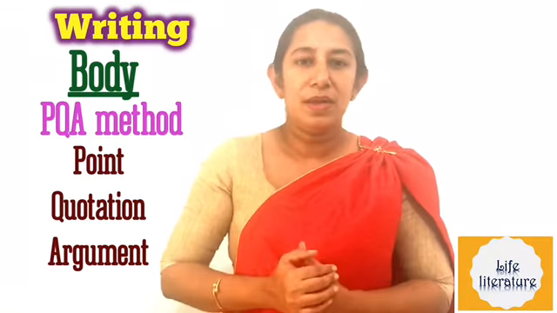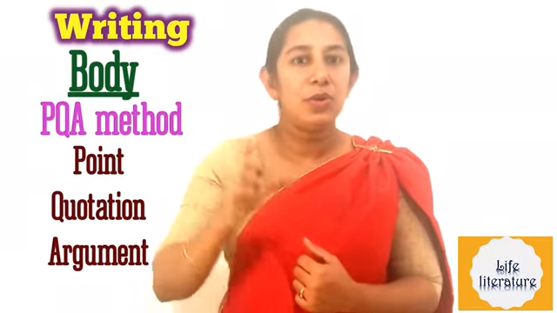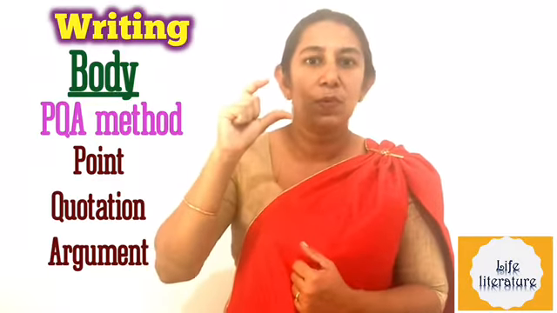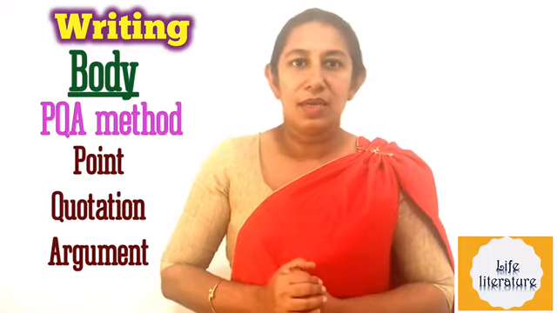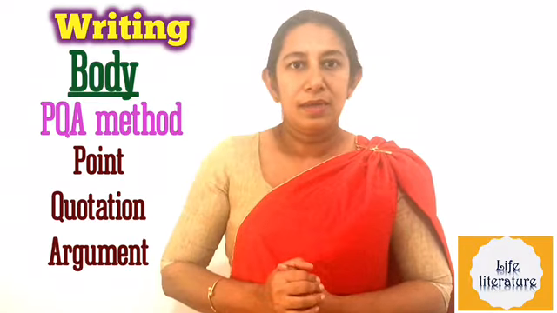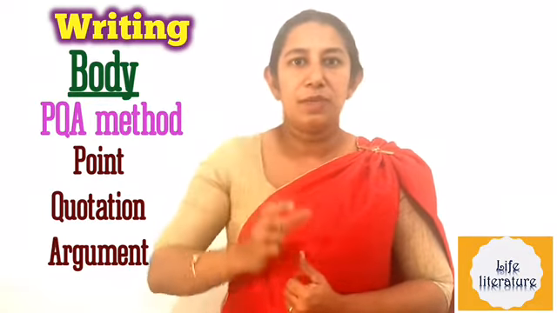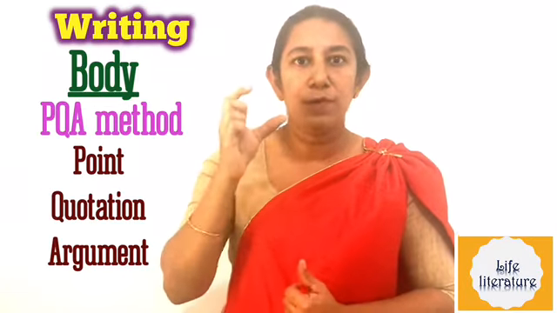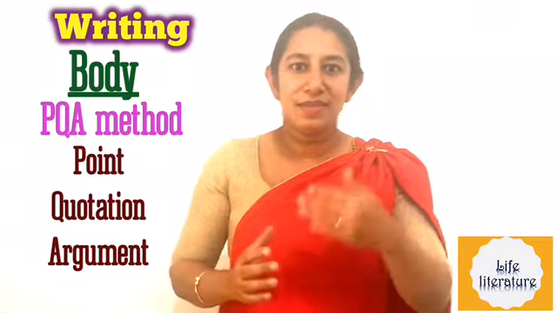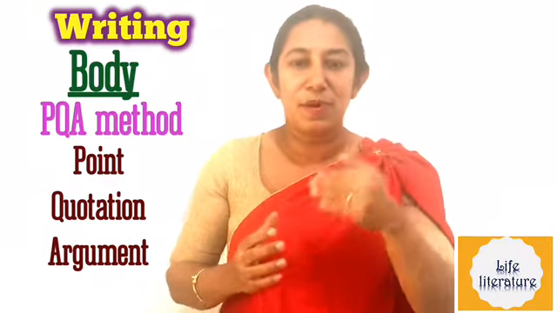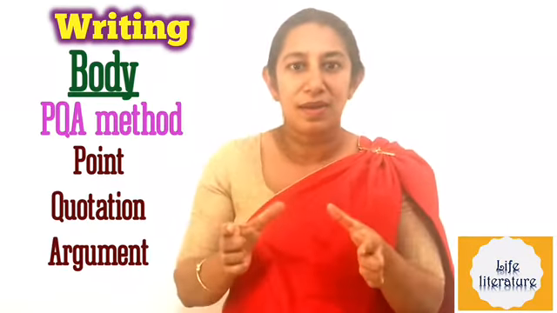For example, I'm going to show you how to do this taking one point. So the point I would like to take is, I think it's better for me to take the point of the priceless quality of love. That is the first point in my pocket plan.